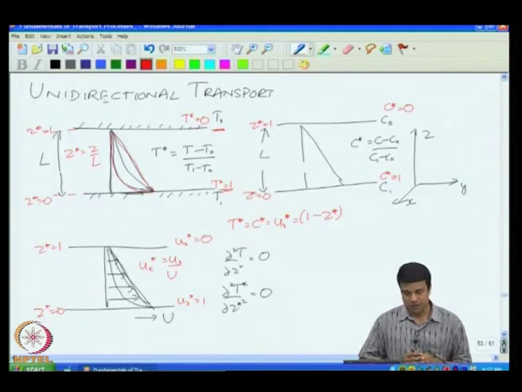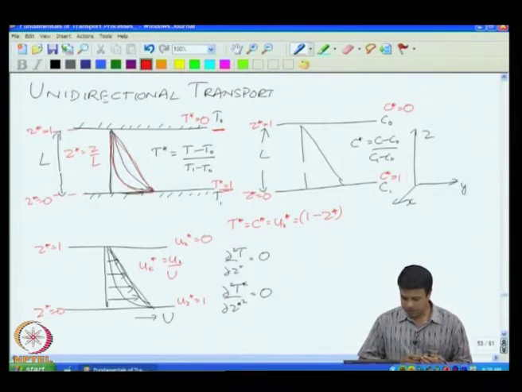Same thing with concentration. You can have 2 plates, one at a lower concentration, one at a higher concentration, and there is going to be a flux from one plate to the other. At steady state, when nothing changes in time, that flux has to be a constant and the concentration has to be a linear function of position between the 2 plates.